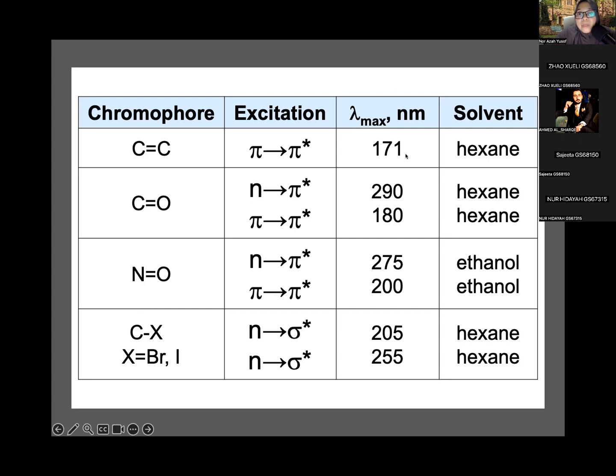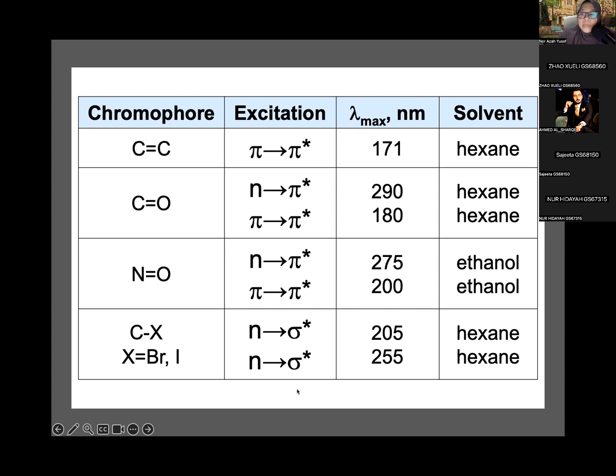So when we excite the electron with a certain amount of energy, it depends on the lambda. Of course, the shorter the lambda, the wavelength, the higher the energy. So you can see this is the value of lambda required to trigger this excitation of the electron from pi to pi star and so on.